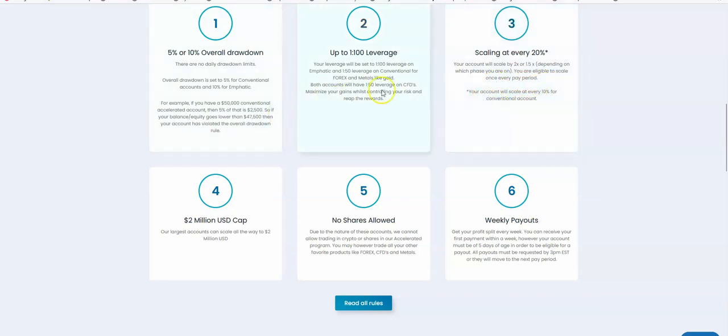So once you hit a 10% profit target, they will scale the account. But it's not that easy because of the overall drawdown. You're not going to be risking any trade except a clean setup. So trading this account, it is very important to understand the conditions.